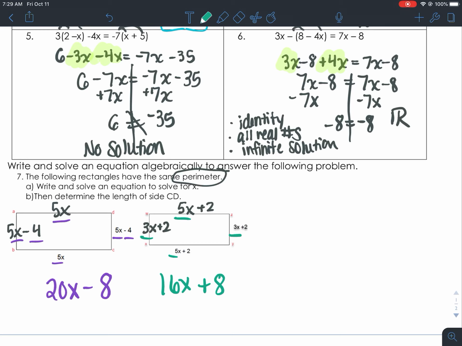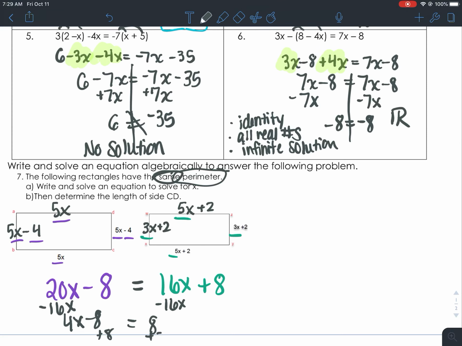WXYZ rectangle. So if you're trying to figure out what x is, the key thing is that they're saying that the perimeters are the same, right? So therefore they're equal. Now we can actually solve for x. So I'm going to move the 16. Oops. 4x minus 8 equals 8.